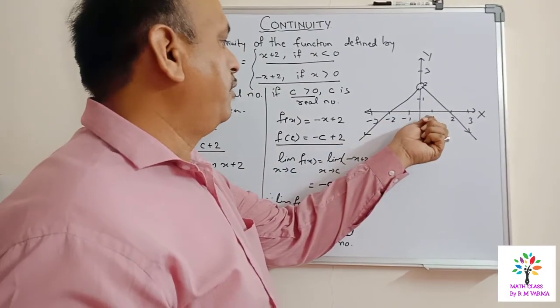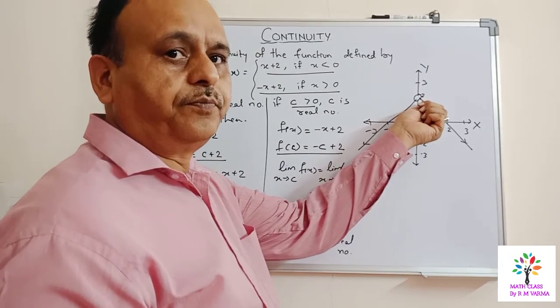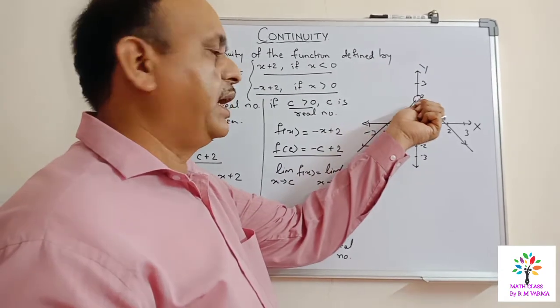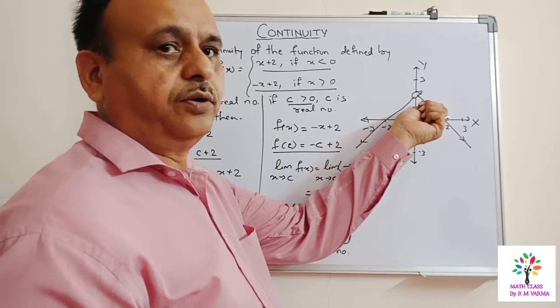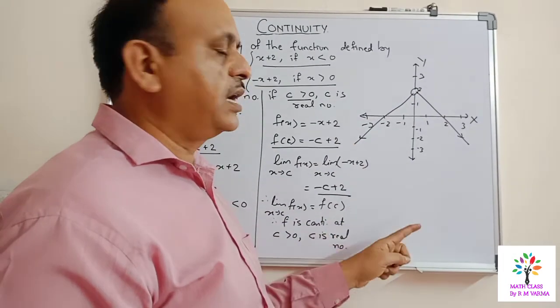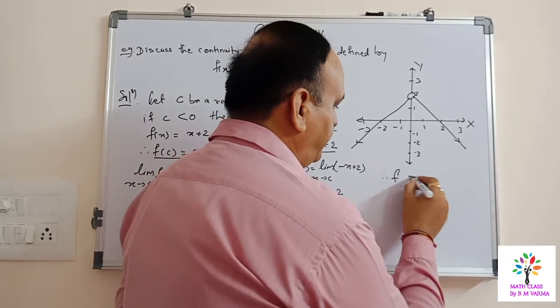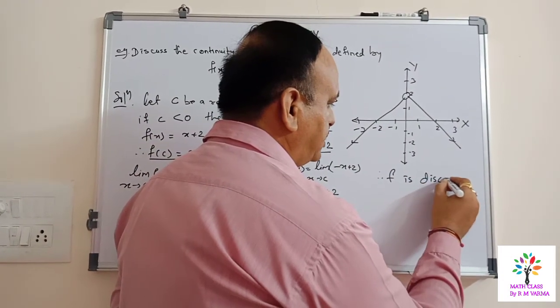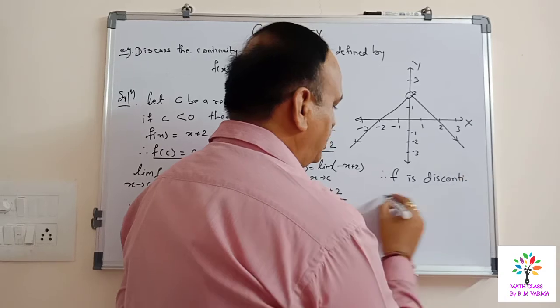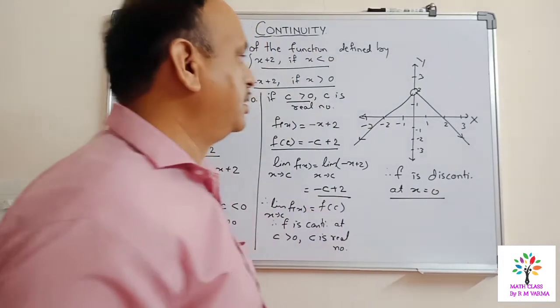So if x is 0, we don't have any value. When x is not defined at 0, we can say this particular function is discontinuous at x equals 0. Therefore f is discontinuous at x equals 0 because it is not defined.